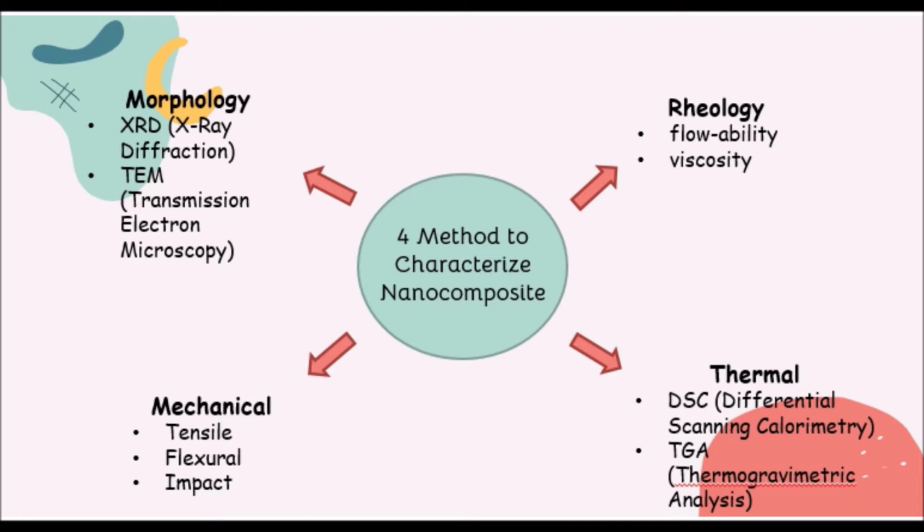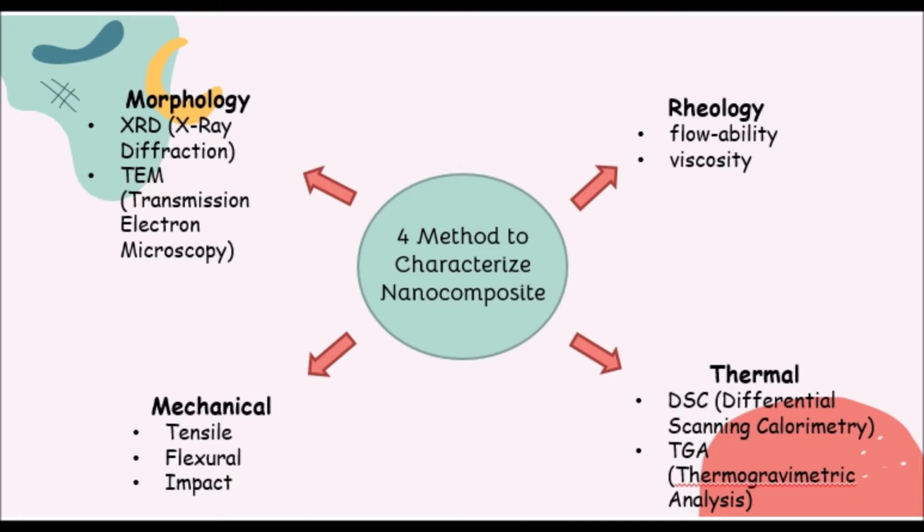And the second one is the rheology, which can determine the flowability and the viscosity. And the third one is the mechanical, which can determine the tensile, flexural, and impact properties of the nanocomposite. And the last one is the thermal, which can be determined by using DSC, which is differential scanning calorimetry.